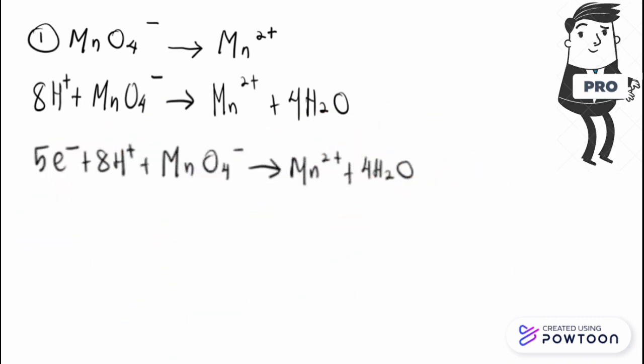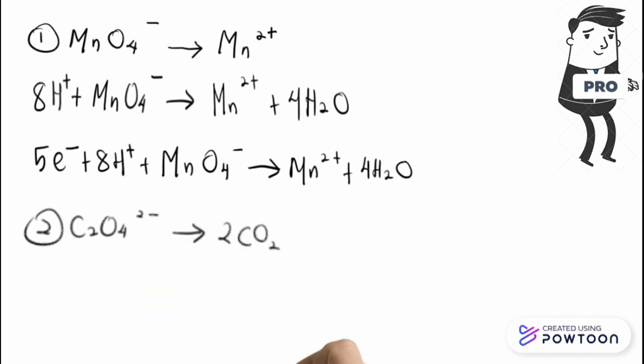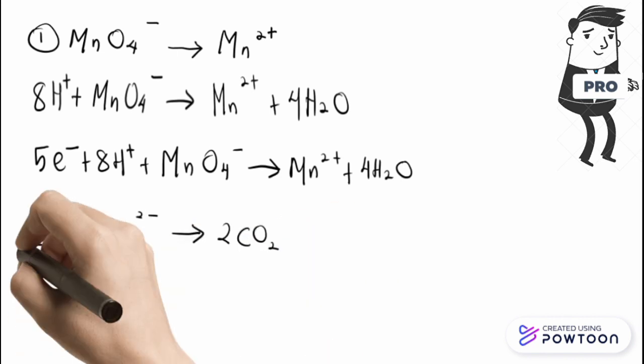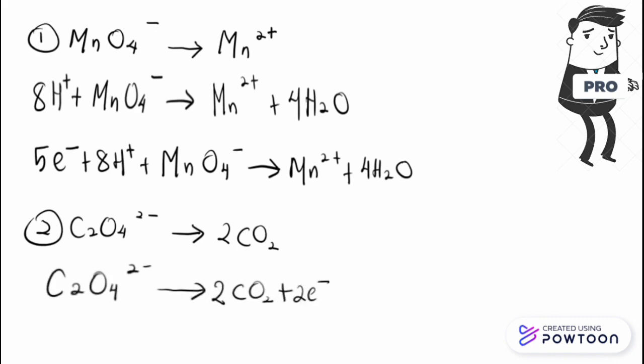Then we add 5 electrons to balance the charge. For the second equation, C and O are already balanced, but we need to balance the charge, so we add 2 electrons on the right side.